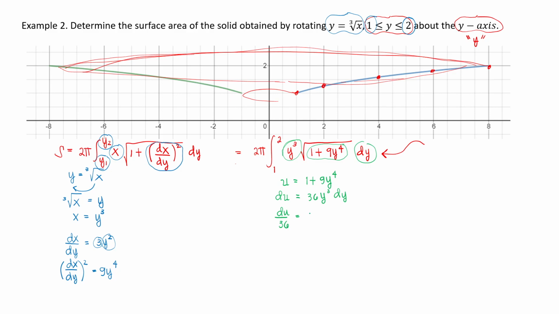So du over 36 is equal to y cubed dy. The equation becomes 2 pi from 1 to 2, square root of u, and then du all over 36.